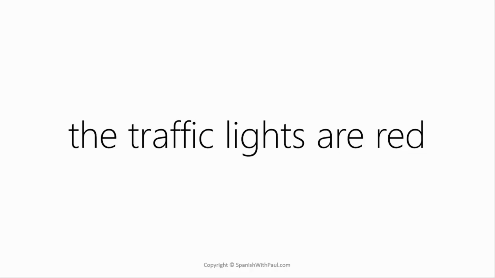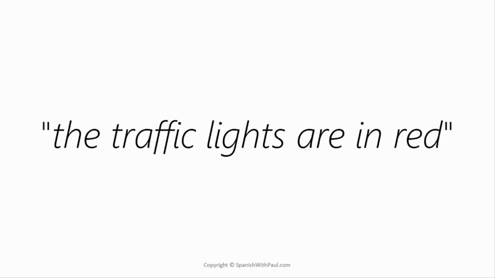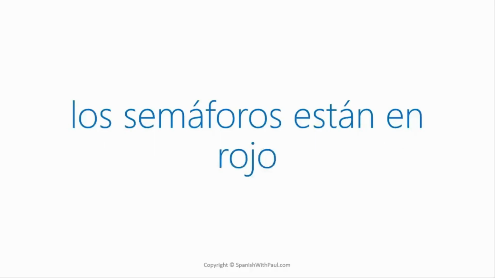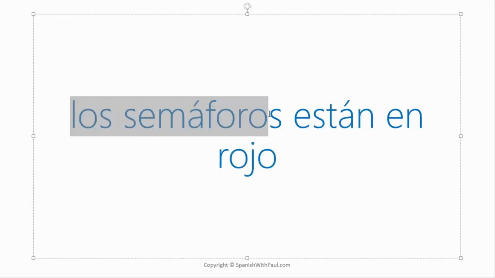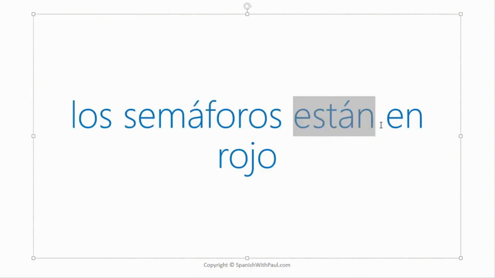In Spanish, to express this, they would say the traffic lights are in red or are in green. And this is los semáforos están en rojo. So rojo is red. So it would be the traffic lights, los semáforos, están is they are, están en rojo, they are in red.